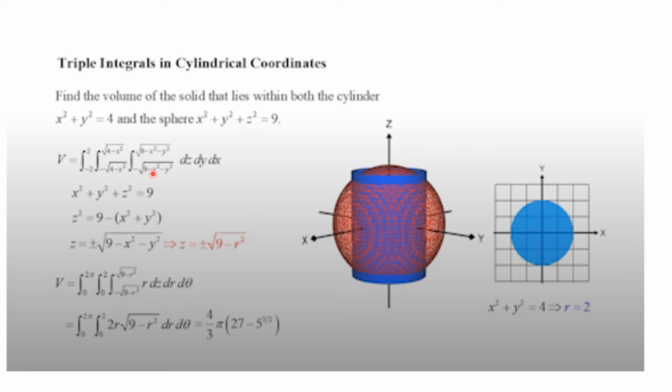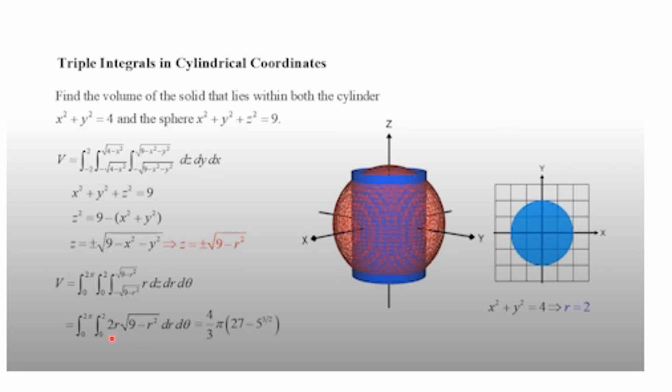And so what you will notice is that z is the square root of 9 minus r squared. So z is going to go from minus the square root of 9 minus r squared to the square root of 9 minus r squared.